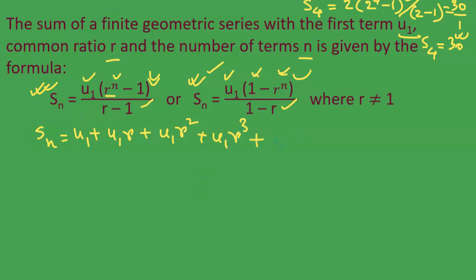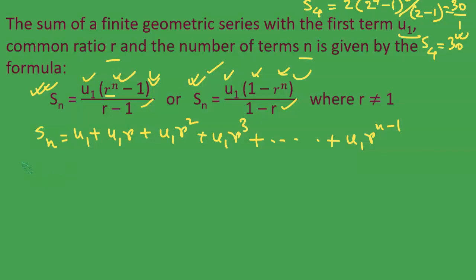This will be continuing. Since it is the summation of the first n terms, I have to take the nth term. What is the nth term? It is U1 times R to the power of n minus 1. But I am seeing R to the power of n in the formula.